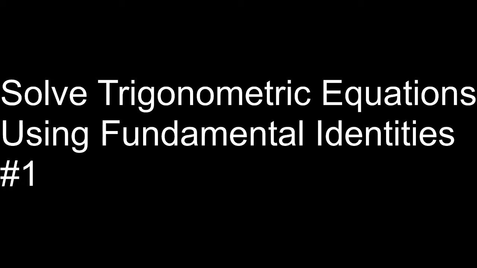I'm not going to be listing them all again here, but you have those reciprocal identities, quotient identities, Pythagorean identities, even-odd identities, co-function identities, the sum and difference formulas, double angle formulas, half angle formulas. And I think that was about it. So, I'm hoping that you have those down before we get into solving equations where we can use some of these identities to help us simplify the equation.